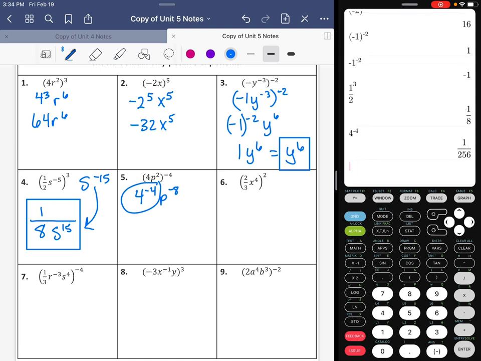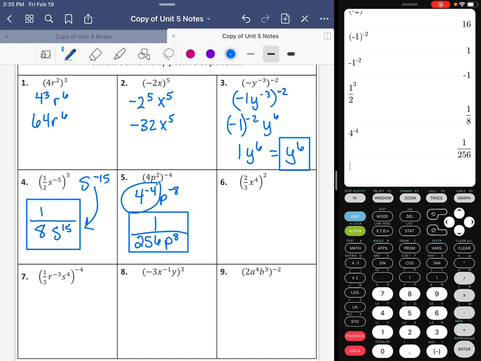That's 1 over 256. So that means I'm going to have 1 over 256 p to the 8th, because I already knew this negative meant that that was going to have to go in the denominator anyway. So I encourage you guys to work these out in sections and then put your answer together at the end.